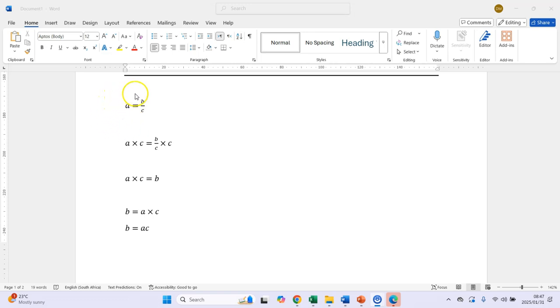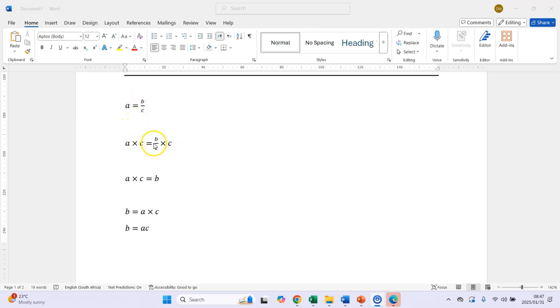Let's say we start with this generic equation of a is equal to b over c. b is the numerator and c is the denominator. So if we want to solve for b, we must get rid of c as the denominator.